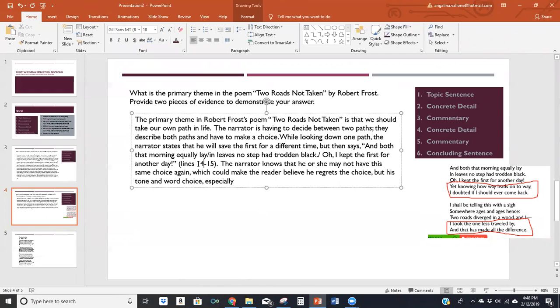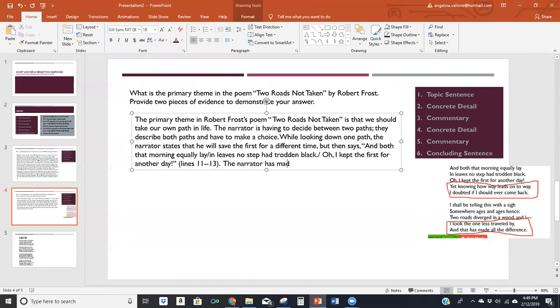Okay, and then those are lines 11 because there's 4 stanzas. So this is 14, that's 13, 12, 11. So 11 through 13. Okay, so I've changed that up. And so the narrator has made a choice and seems happy about the choice.